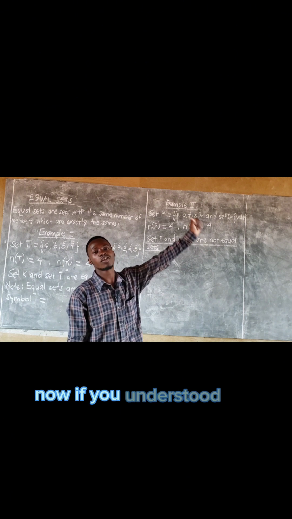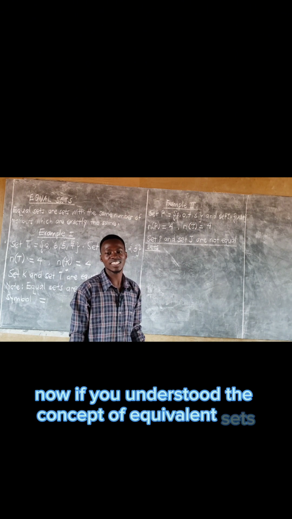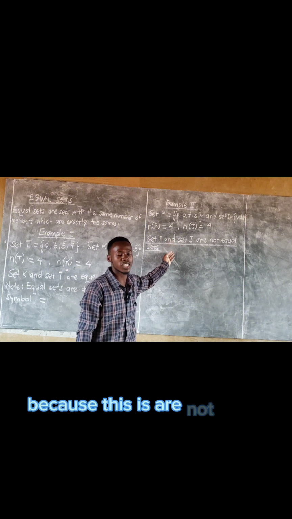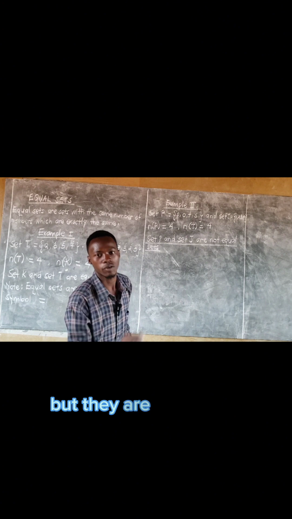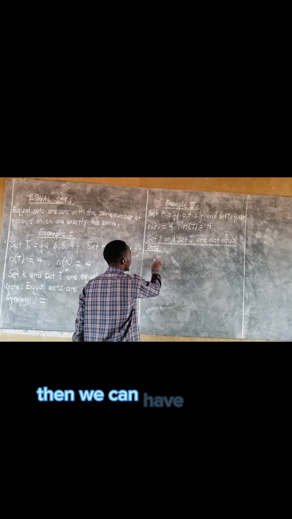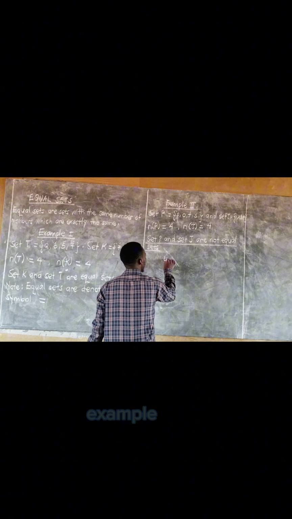Now, if you understood the concept of equivalent sets, you will have passed this number, because these sets are not equal, but they are equivalent. Then we can have our last example, example 3.